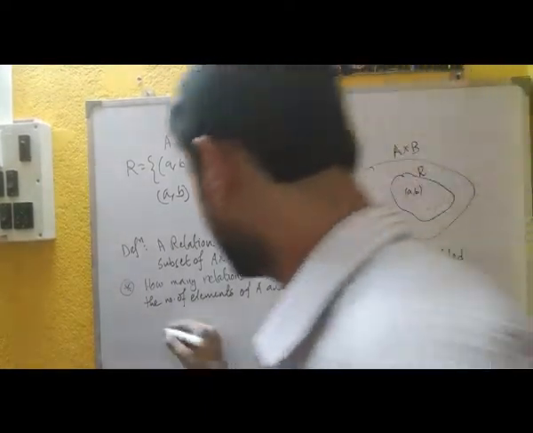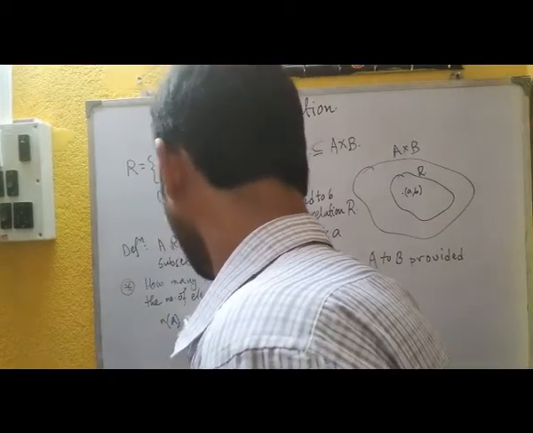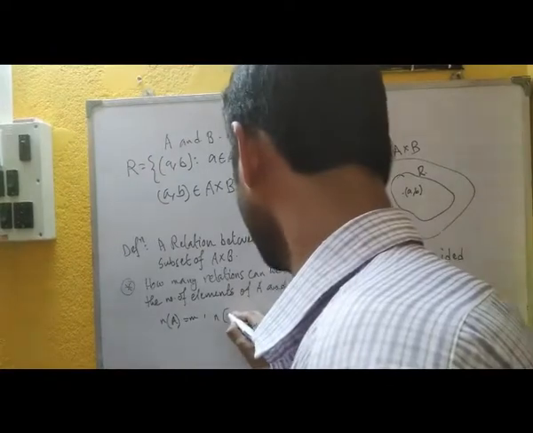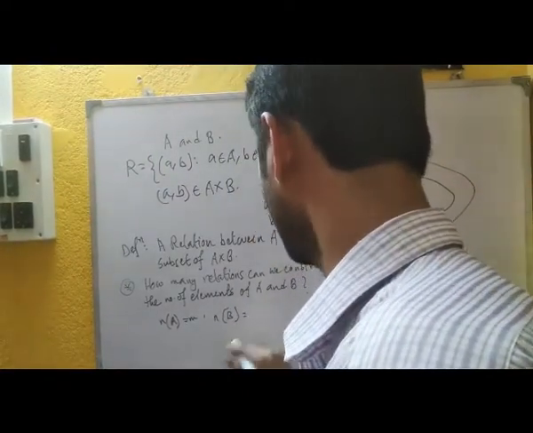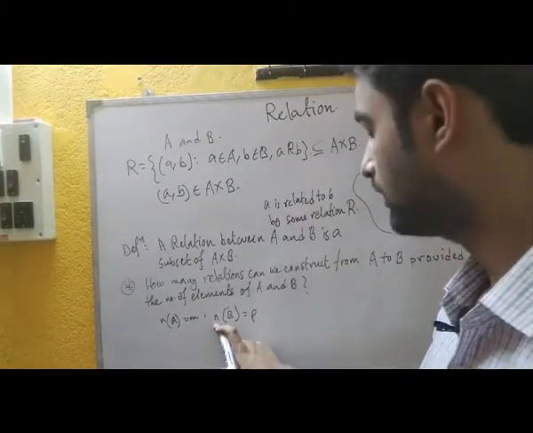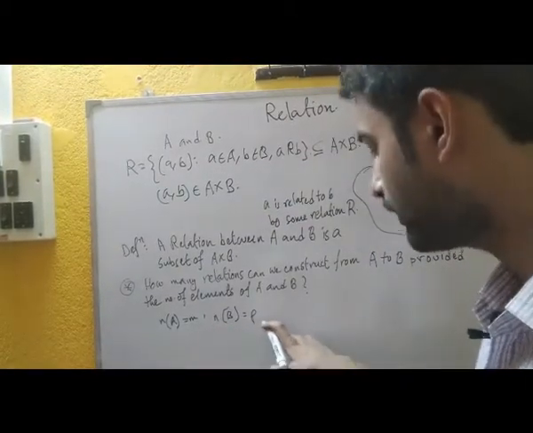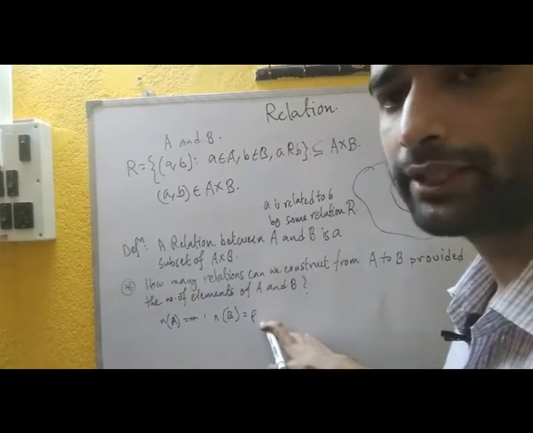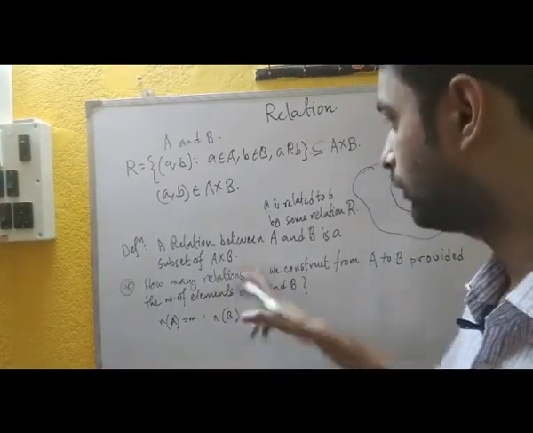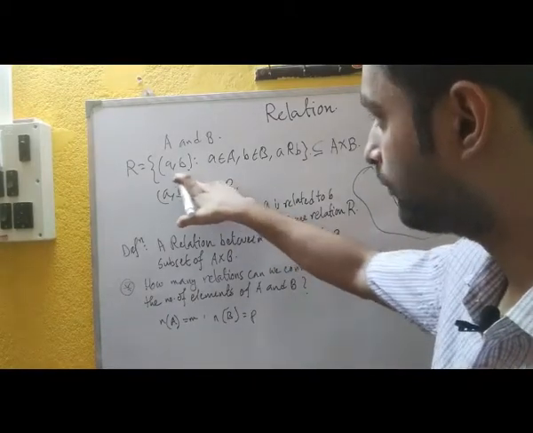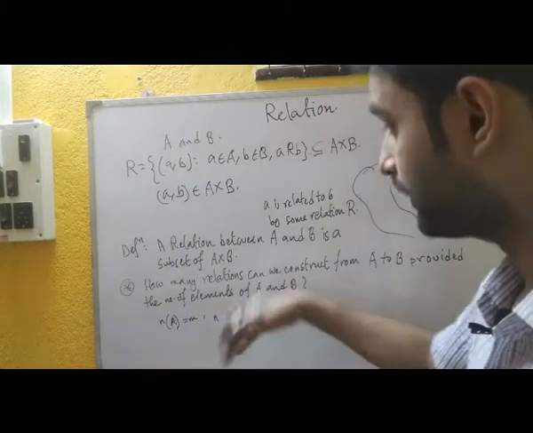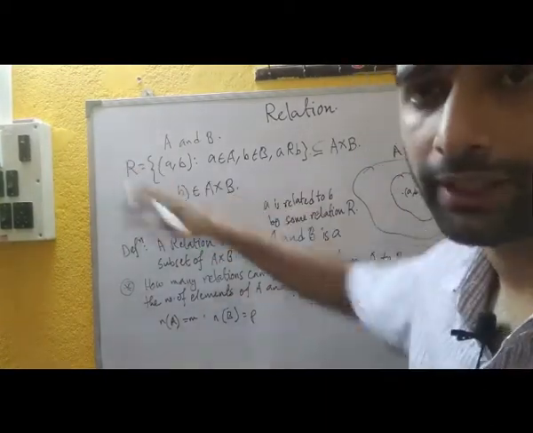So let us assume that there are m elements in the first set and there are p elements, say, in the set B, because m stands for the number of elements here. So we are considering p elements in the set B and m elements in the set A. So how many relations, or how many of these kinds of ordered pairs, can we construct? How many of these kinds of sets can we construct?